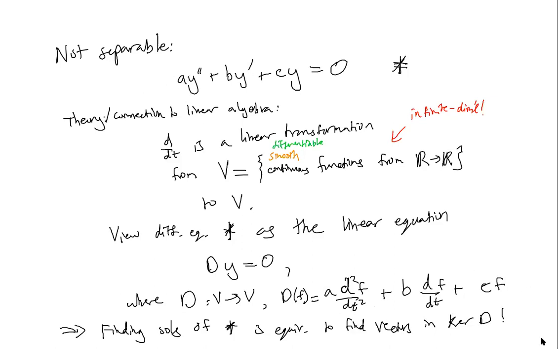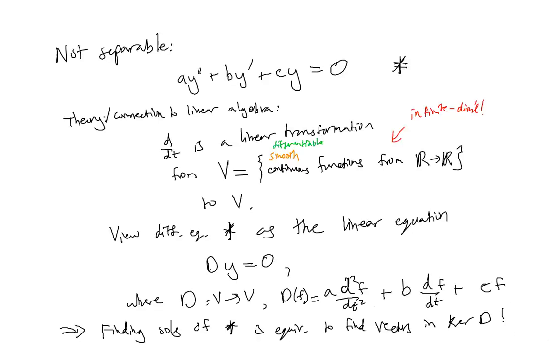Right, and so now, sorry, this is the last page. How to actually solve this differential equation. Basically, I'll do this fast and then we'll go over it on Friday.